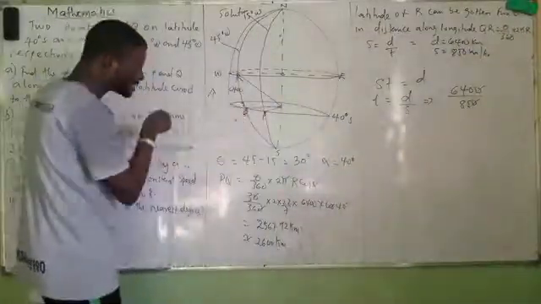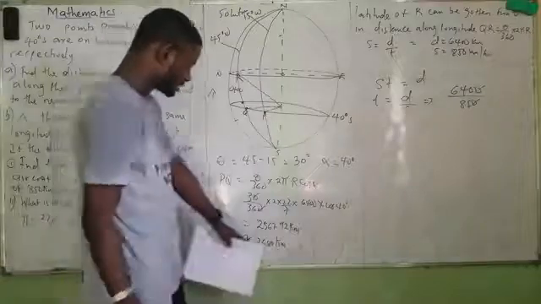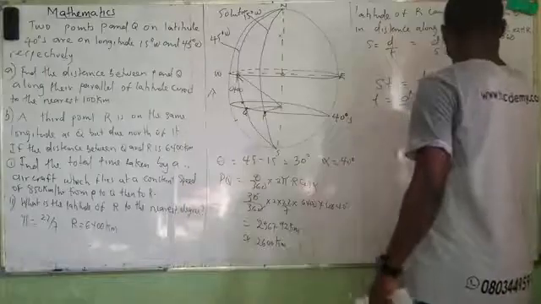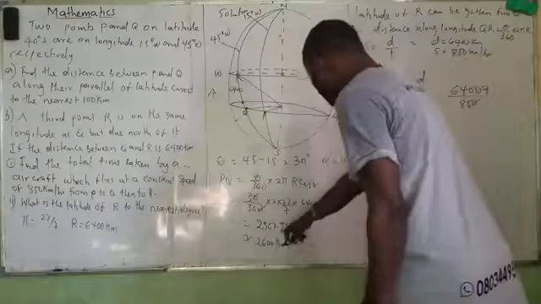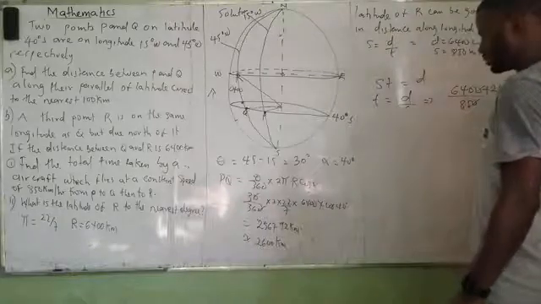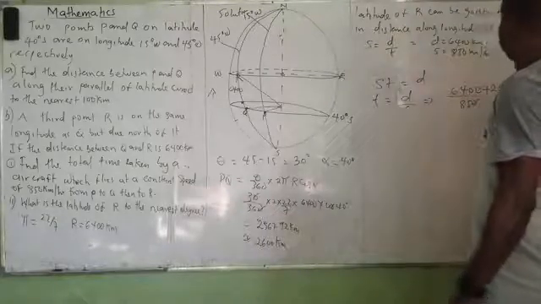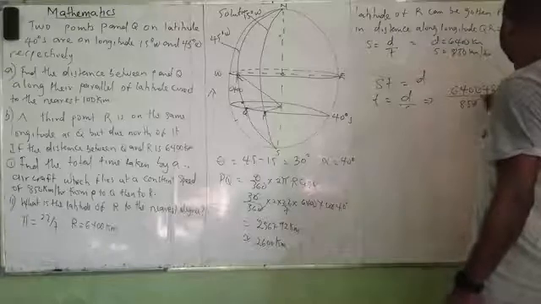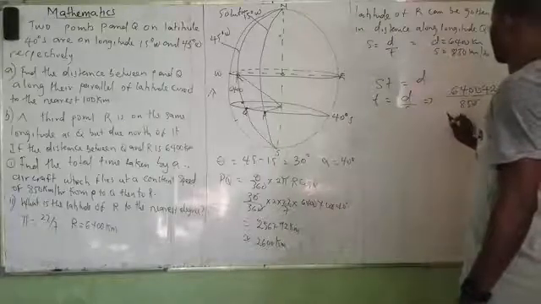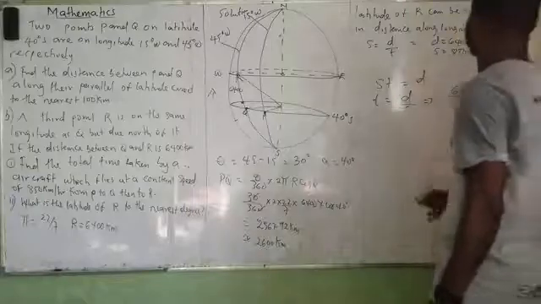It means I'll be having the real distance now. It will be plus 2,564.92. Please take note of that. All over what? Yes, that's what we're going to be getting.